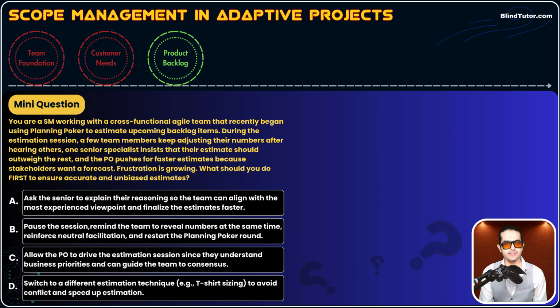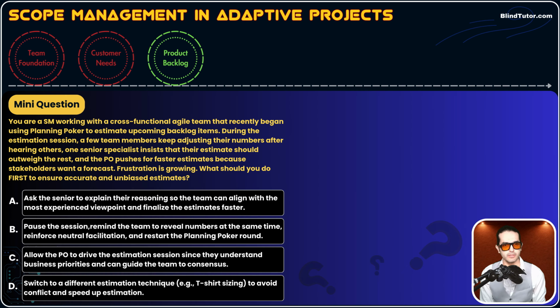A. Ask the senior to explain their reasoning so the team can align with the most experienced viewpoint and finalize the estimation faster. B. Pause the session, remind the team to reveal numbers at the same time, reinforce neutral facilitation, and restart the planning poker round.